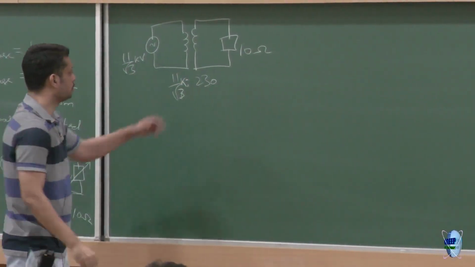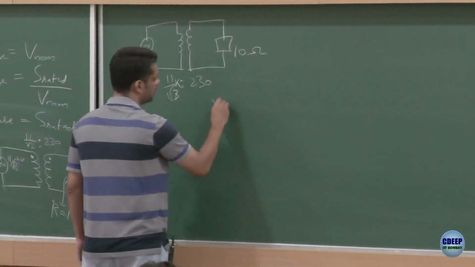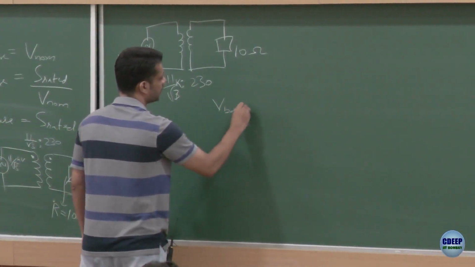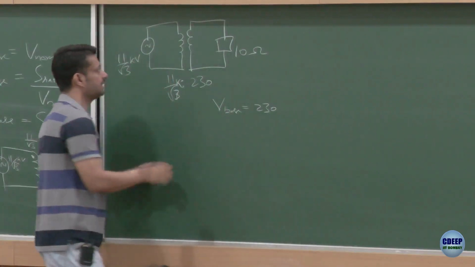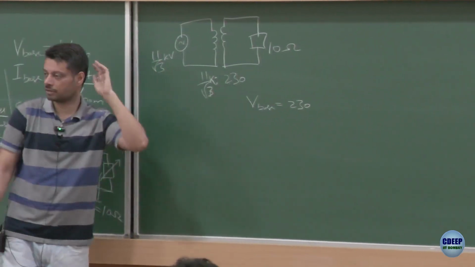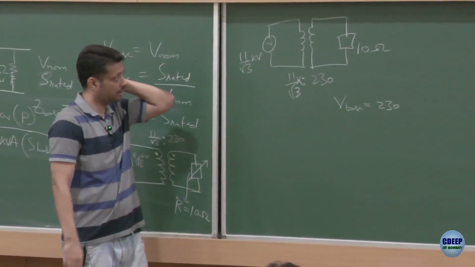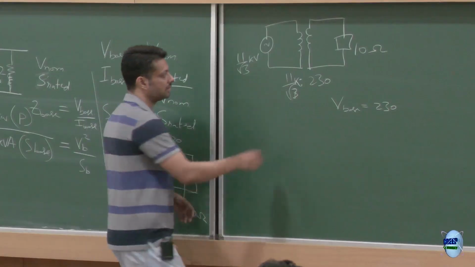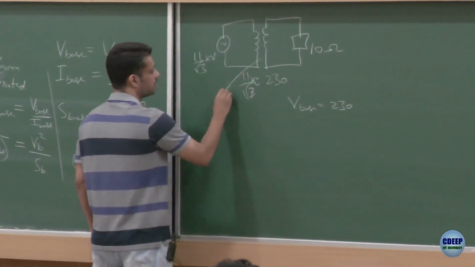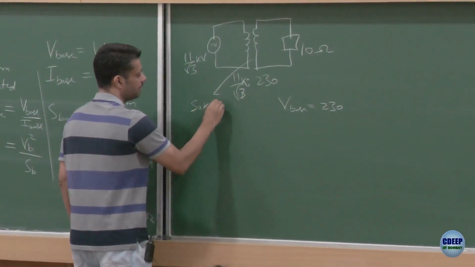Okay. So on this side, the base voltage is 230, right? Let's say this transformer is rated for, assume, how much? Let's just take it as 50 kVA, rated for 50 kVA, right?